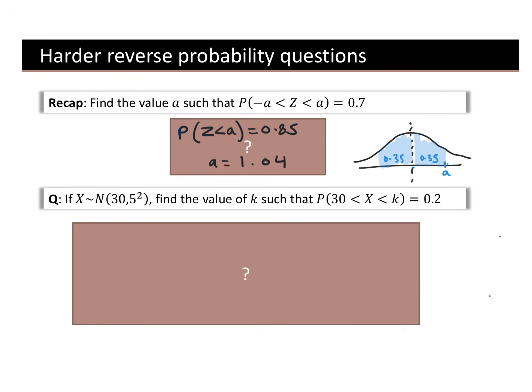Now, this is what we have to do. Are we ready? If X is distributed normally with a mean of 30 and a standard deviation of 5, find the value of K such that the probability of 30 being less than X is less than K equals 0.2.